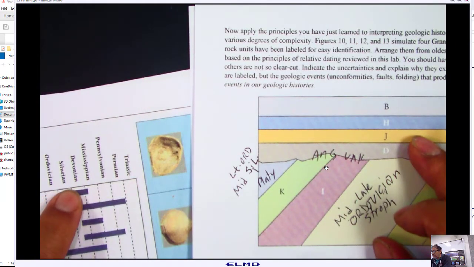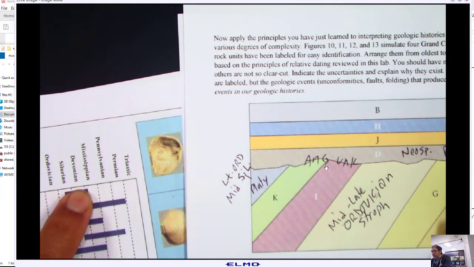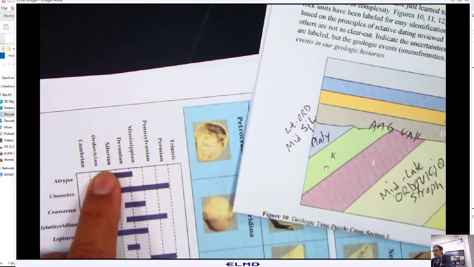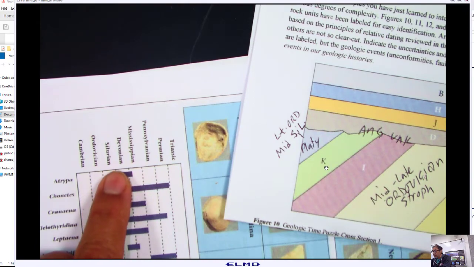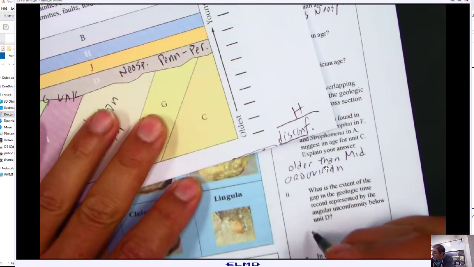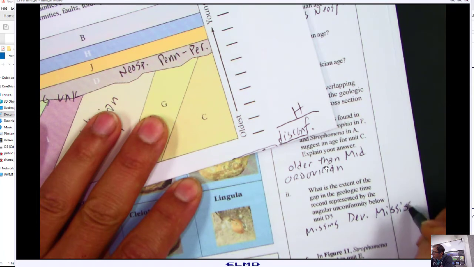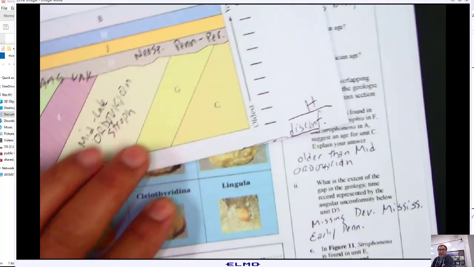So we're missing the Devonian, Mississippian, and part of the Pennsylvanian, right? So we'll say something like that. We're missing Devonian, Mississippian, and early Pennsylvanian, right? So we just write it like that.